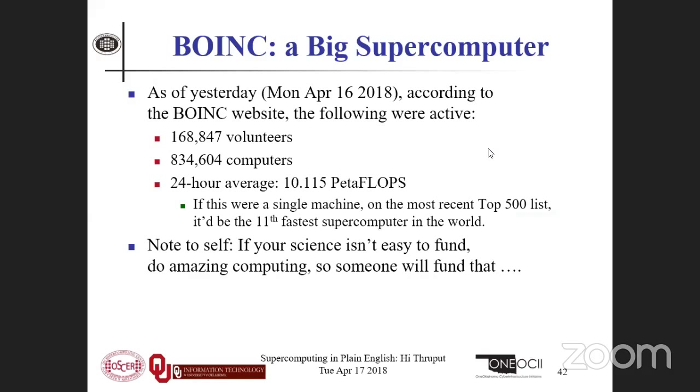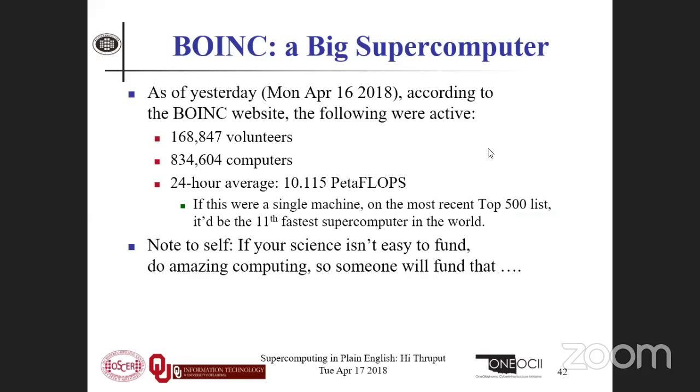So almost 1 million PCs, and the 24-hour average for how much computing capacity was devoted to those projects was 10 quadrillion calculations per second on average for 24 hours. So you can multiply that up to figure out the total amount of compute capacity available over all that time. If that were a single supercomputer, it would be the 11th fastest supercomputer in the world.